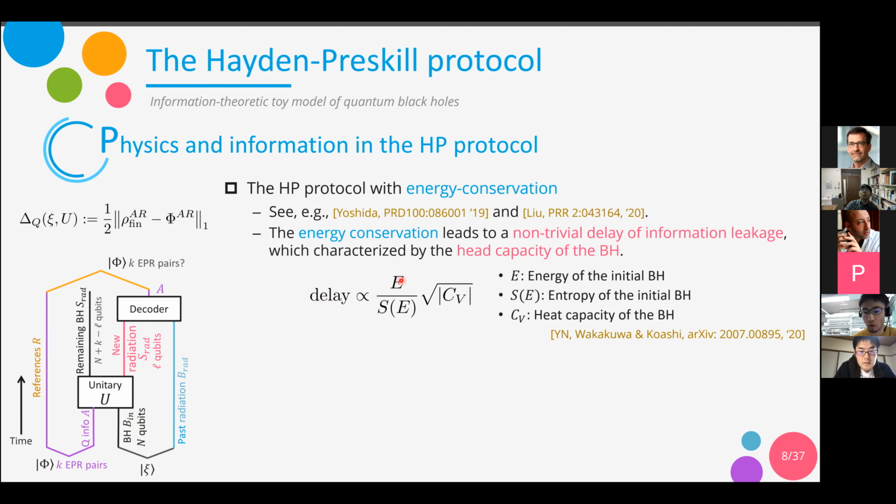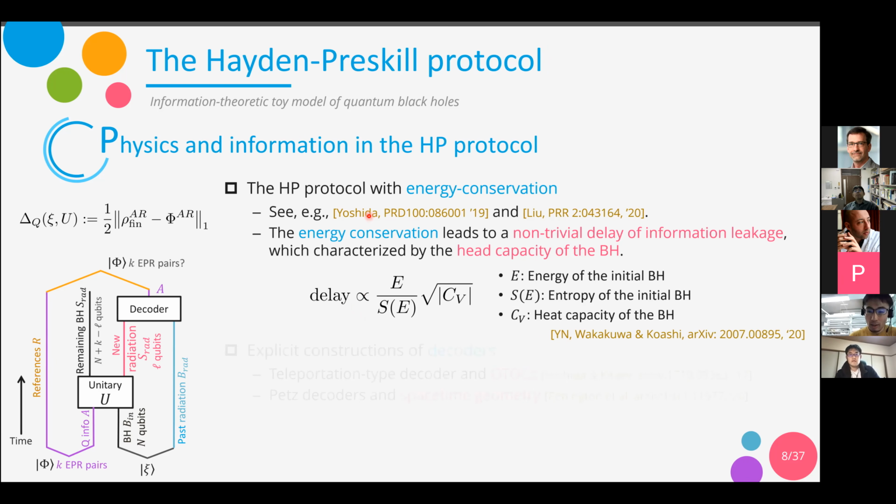E is the energy of the initial black hole, S is the entropy of the initial black hole, and C_V is the heat capacity. So this is a kind of interesting relation that connects some information-theoretic quantity on the left side, and on the right-hand side, we have lots of physical quantities. So I think this is sort of interesting. Well, of course, we have assumed many things, but this is one implication when the dynamics is energy conserving.